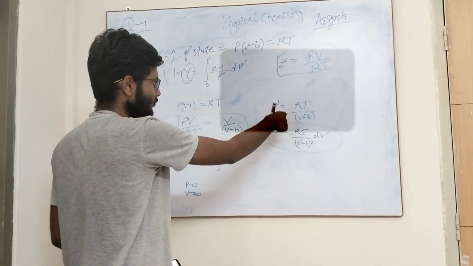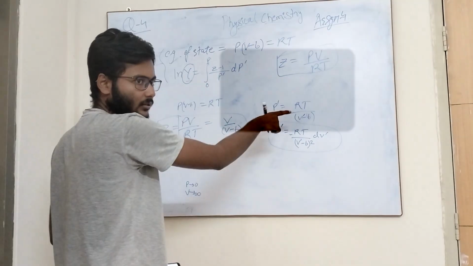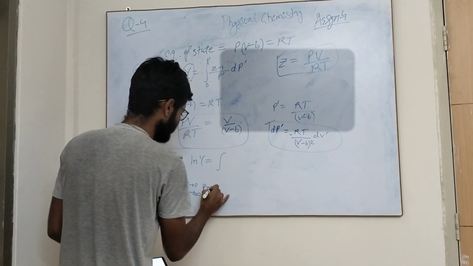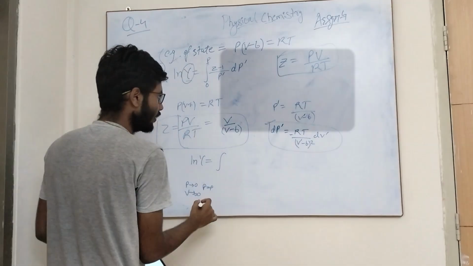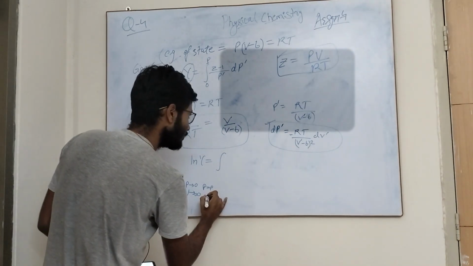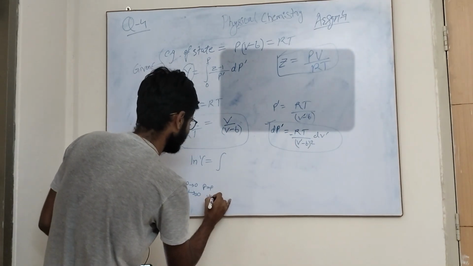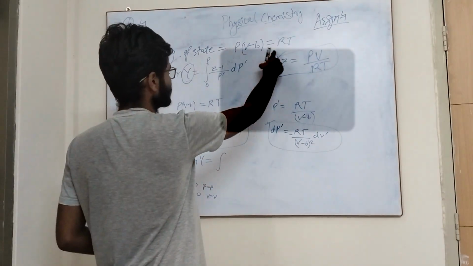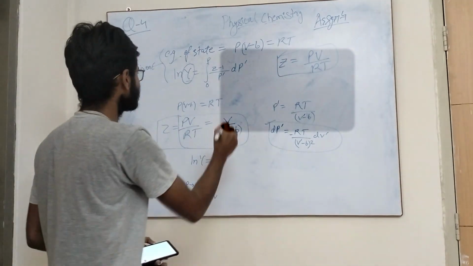We are just making the change of variable, don't get confused. And when P is P as given, the volume is V, some volume V corresponding to this equation. Simple.